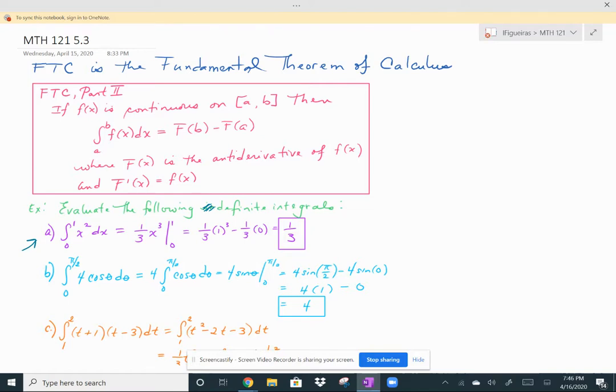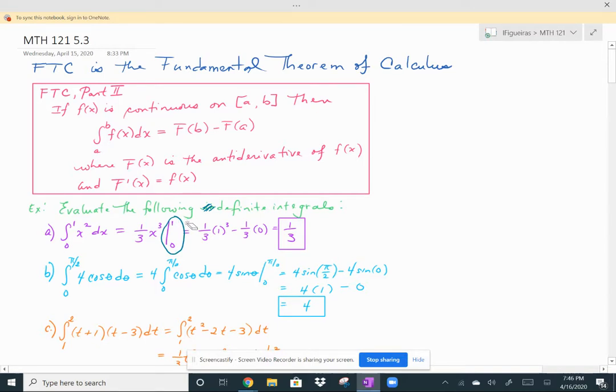So what the theorem says is that you take the antiderivative, and the antiderivative here is we're applying the anti-power rule. So you add 1 to the exponent and multiply by the reciprocal. So I have to evaluate my limits of 0 and 1 in 1/3 x cubed. Notice that once I took the antiderivative, the integral symbol went away and my limits end up on the right side of the antiderivative with this vertical bar, your lower limit at the bottom of it and your upper limit at the top of it on the right side.